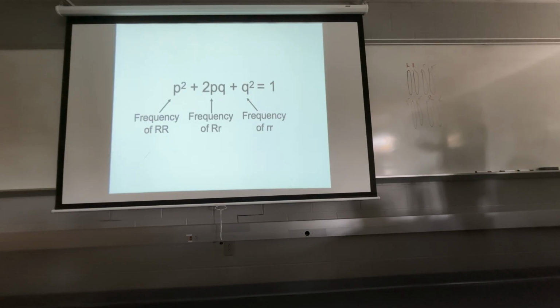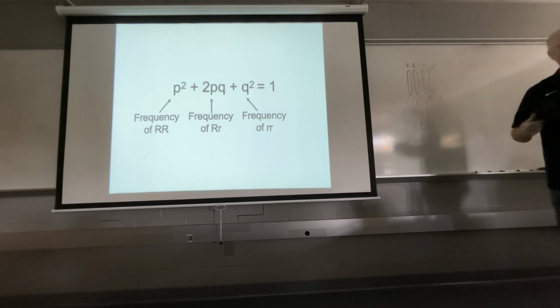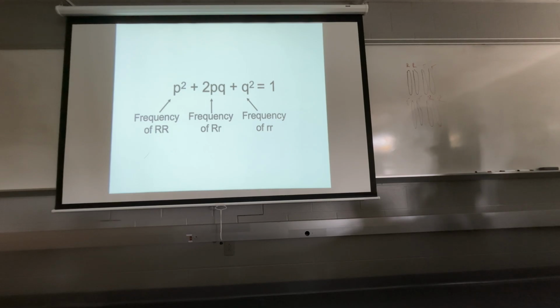So if I give you a problem and you solve for Q, you can get the rest of these, right? The one thing you want to make sure when you're done and you figured out what P squared, 2pq, and Q squared are, make sure they equal 1, right? If they equal more than 1 or less than 1, you did something wrong, correct?